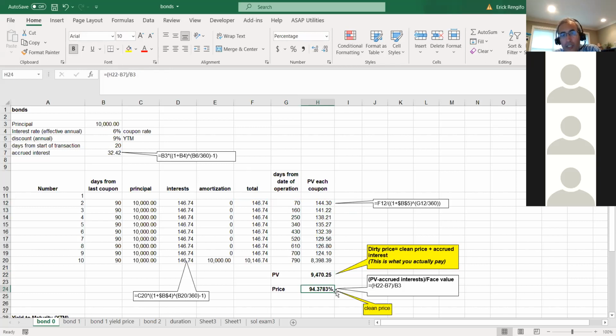My clean price is this price minus my accrued interest. Then I divide by the face value, and I obtain my price: 94.3783%. You have questions, guys? It's exactly the same as we have done by hand, simply in Excel.